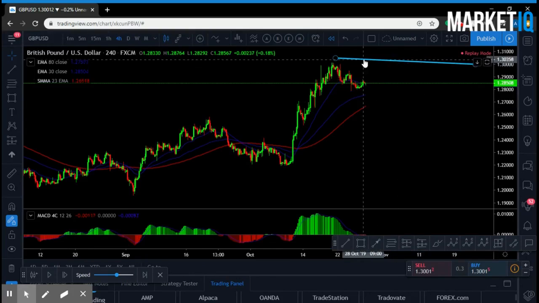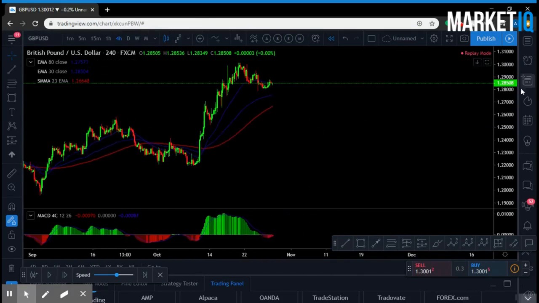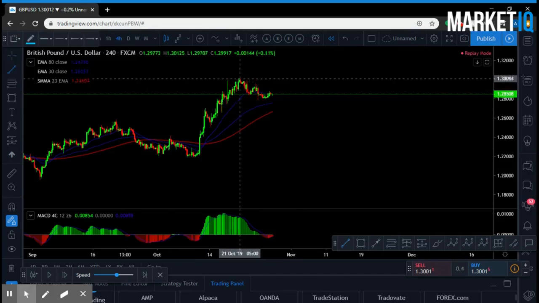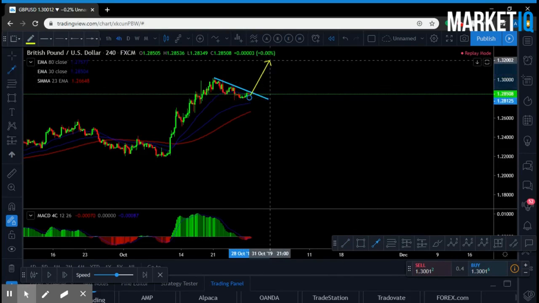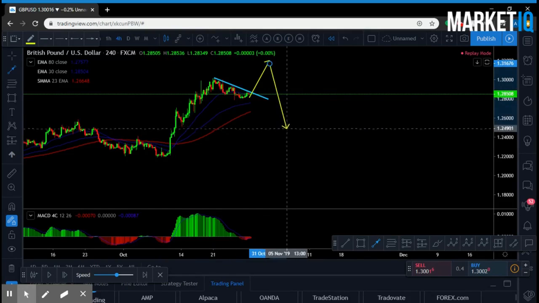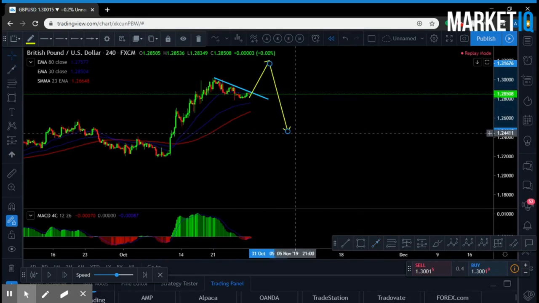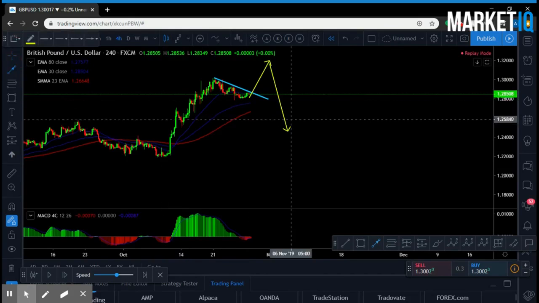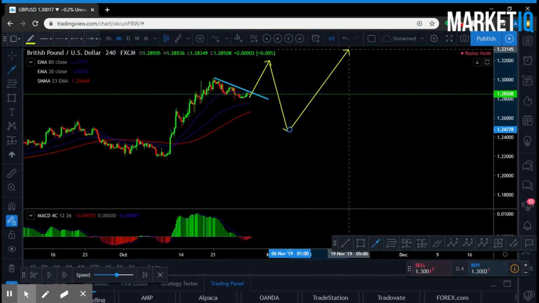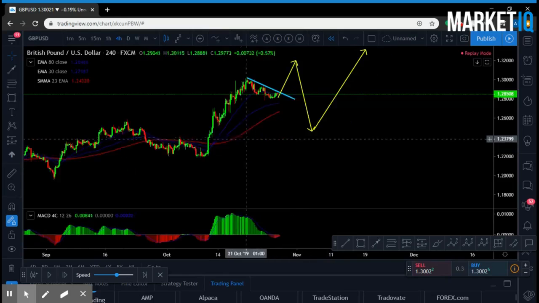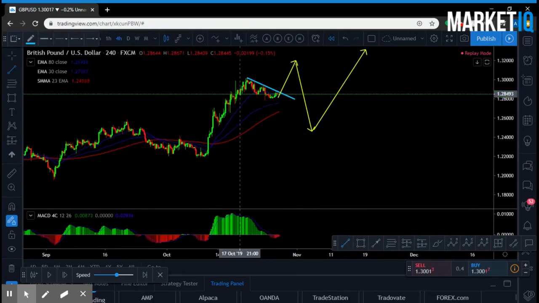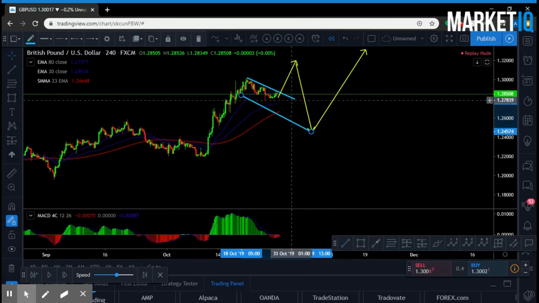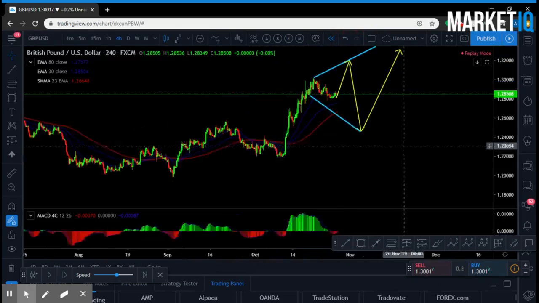So this flag can easily turn into a situation where you've got this, you've got a hypothetical breakout, but then price comes back down before continuing back up. And if that happens, then your pattern has simply changed. It changed from a flag to an expanding triangle.